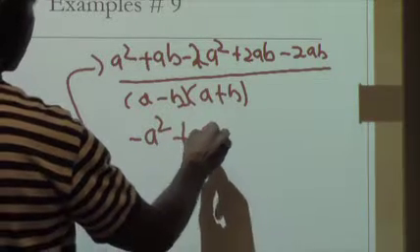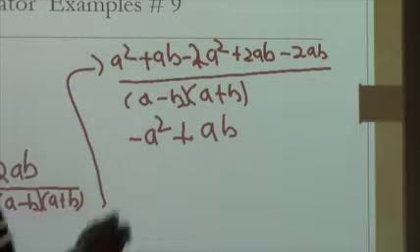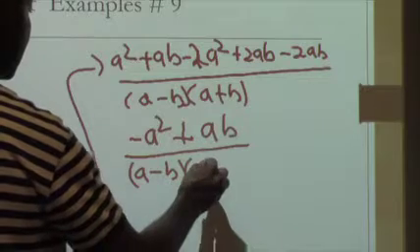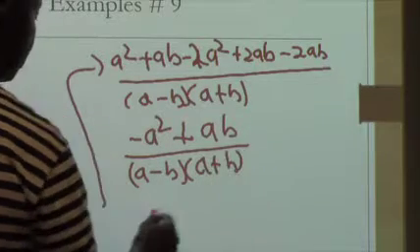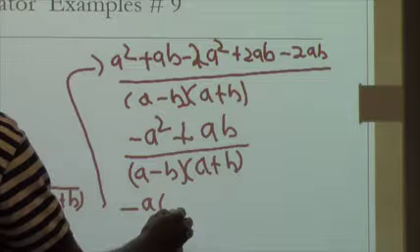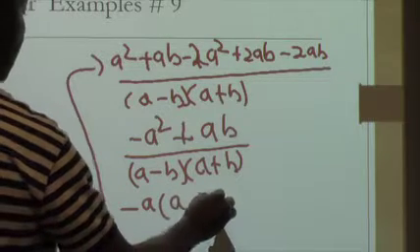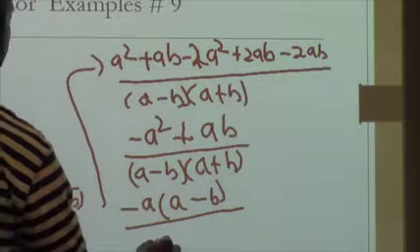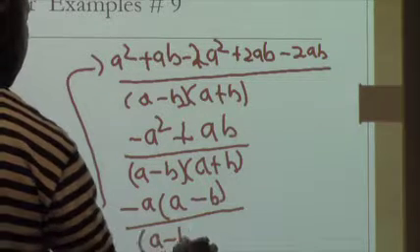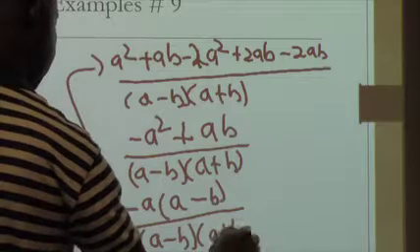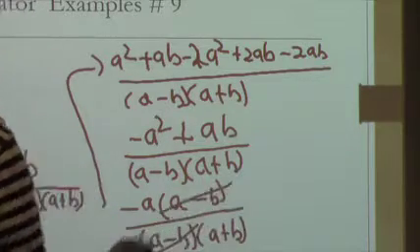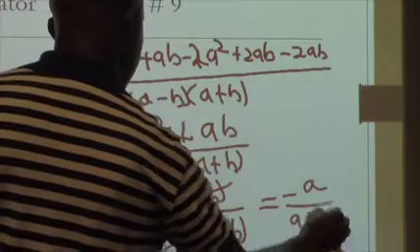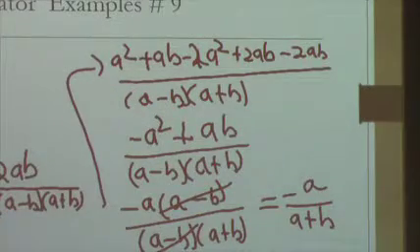Plus ab over a minus b times a plus b. Now let me see something. Let me factor out a negative a. I'll be left with a minus b over a minus b times a plus b. So a minus b will cancel. I'll be left with basically negative a over a plus b. And that will be my answer.